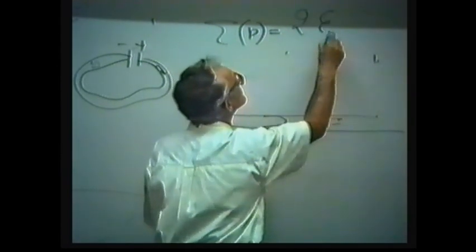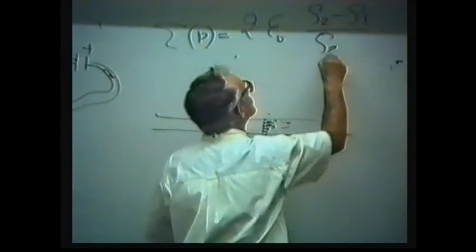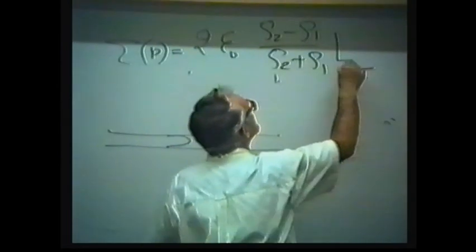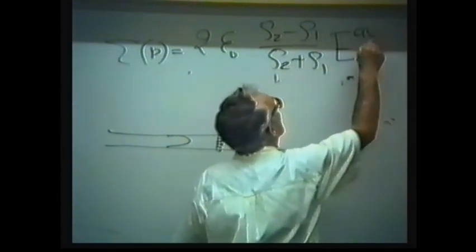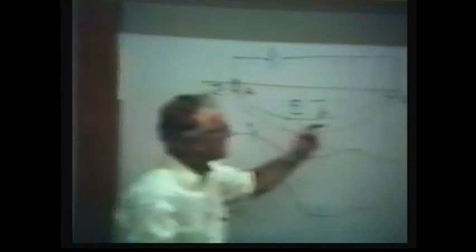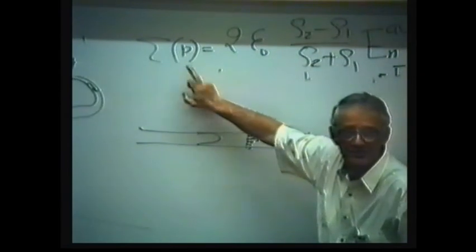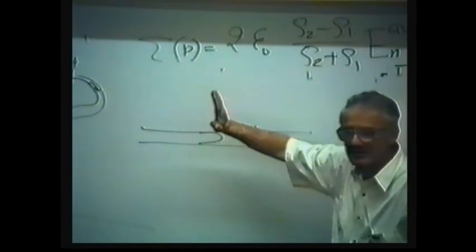Constant times ρ2 minus ρ1 divided by ρ2 plus ρ1, times the average value of the normal component at this point. If there is a normal component above and beneath, their difference, that's the average value of them. So at each point of the surface, these charges arise with such density. Clear?